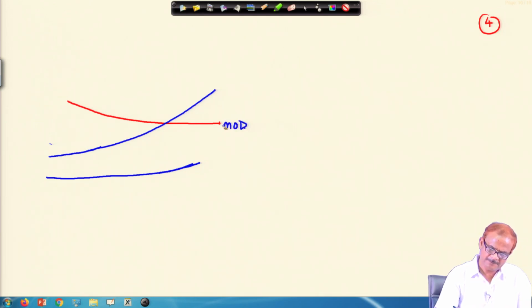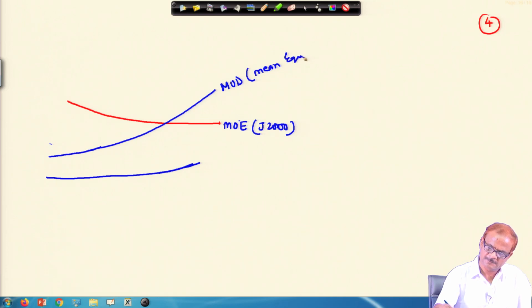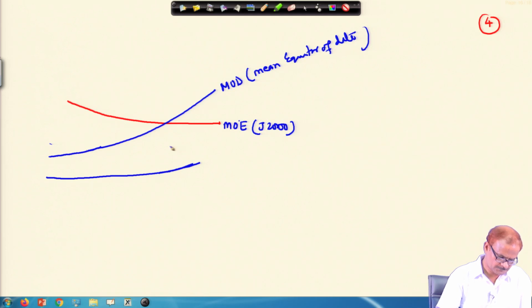So, this is the mean equator of epoch, MOE, J2000, and this is the mean equator of date. This angle is theta, so this angle will also be theta, and then we have drawn a line like this.